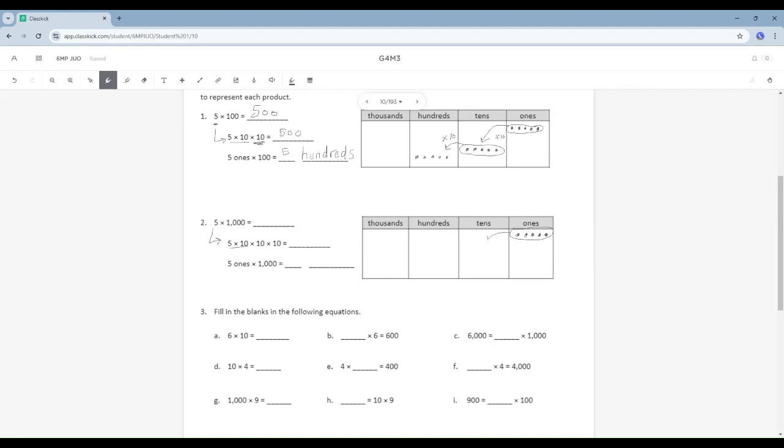Multiplying by 10 means I move them over to the next place value. Every place value is 10 times greater than the one before it. So times 10. Now I need to multiply by 10 again. So these are going to shift to the next place value, which is the hundreds.